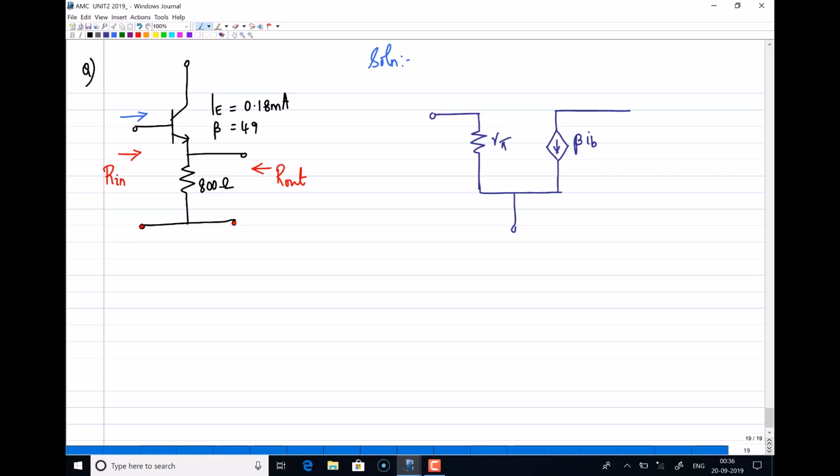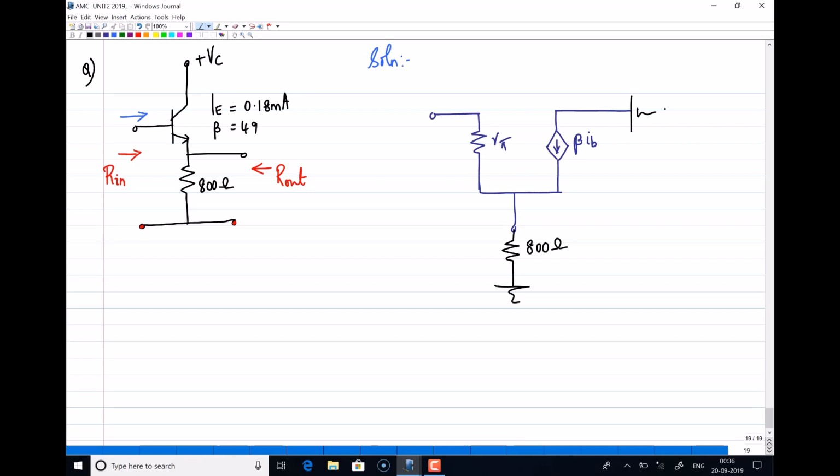Now at the emitter side we have a resistance connected. That resistance is 800 ohms. This is connected to some DC potential, so in the equivalent circuit we'll just ground it.